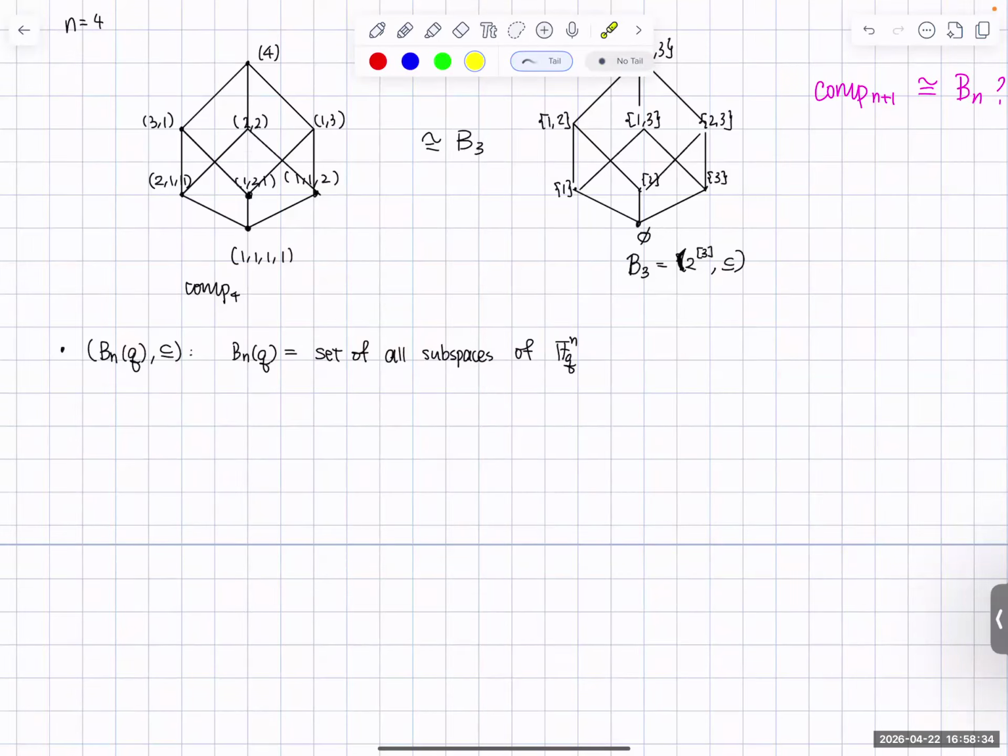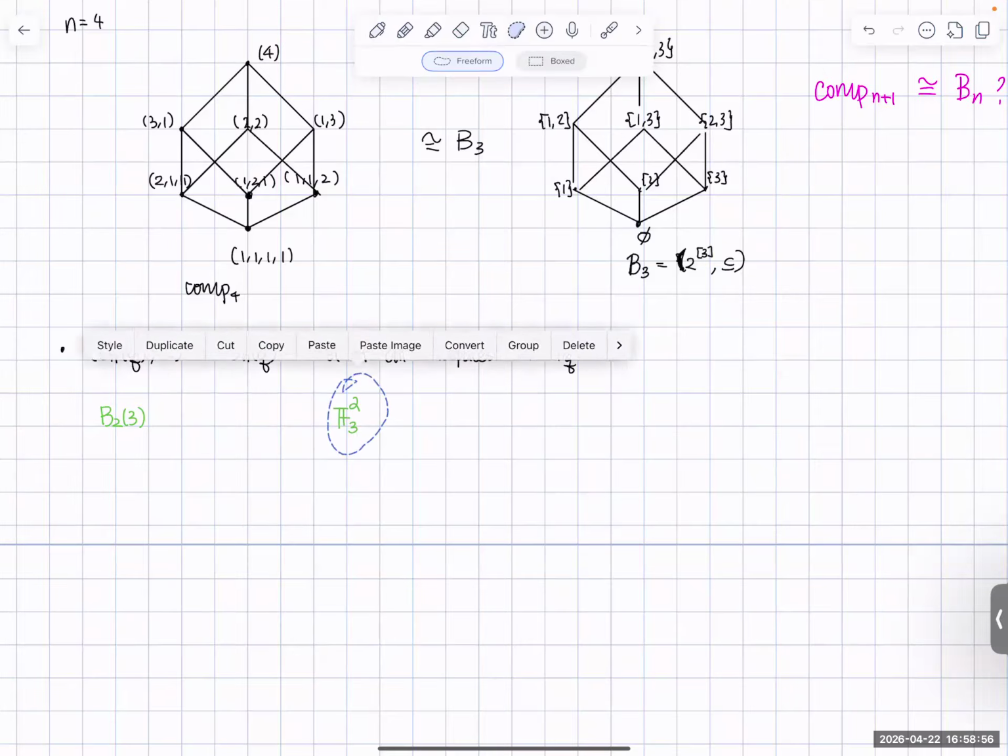So this actually also gives you a poset. Now let's do an example, say for example B_2(3). So B_2(3) is all the subspaces of F_2^3.